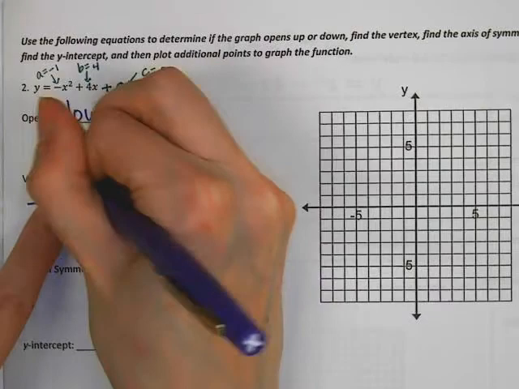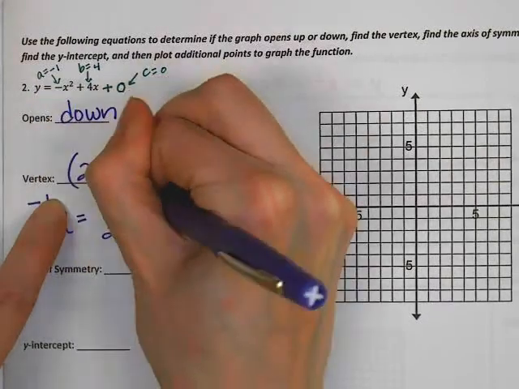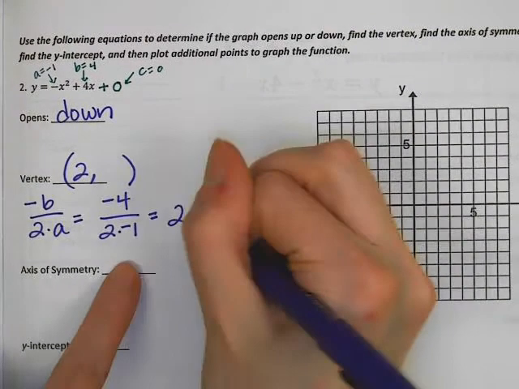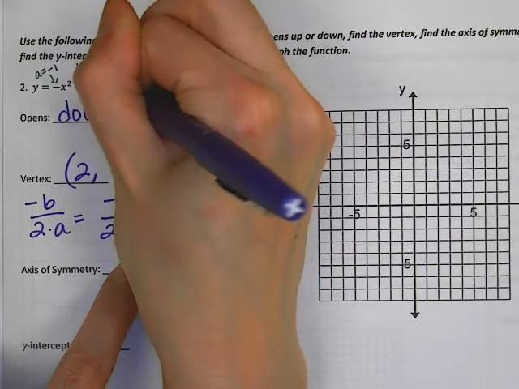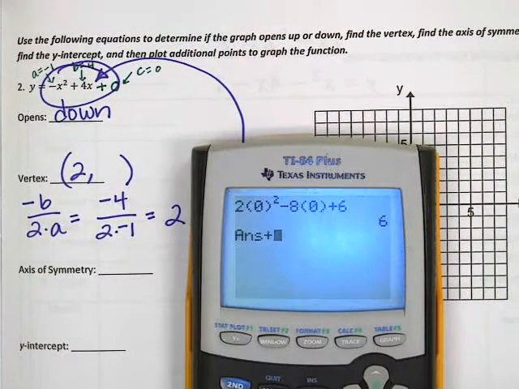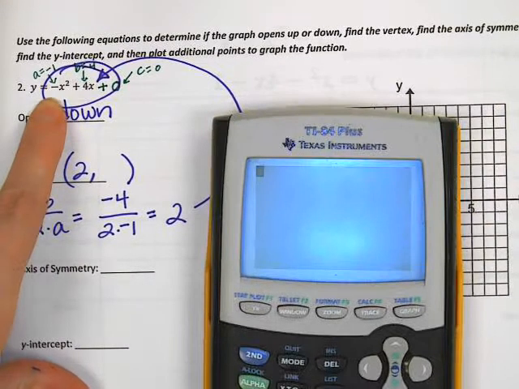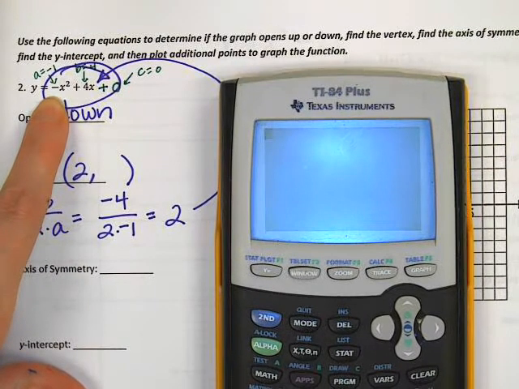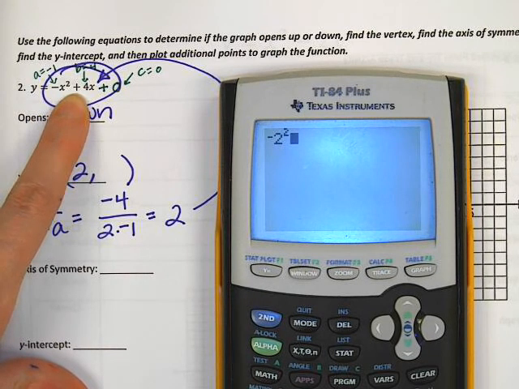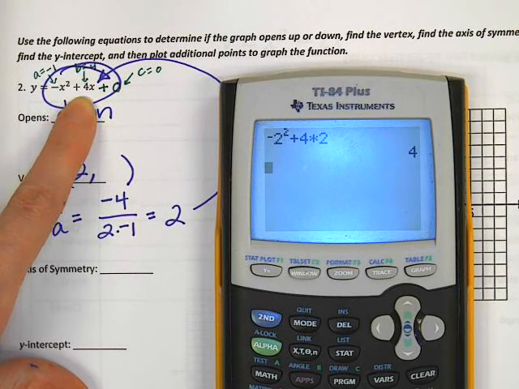Yeah. So the vertex is 2 comma K, but in order to find K, we got to plug 2 in for all the X's. All right, so you got to be careful how you type this in. We have a negative on the outside, and then we have 2 squared plus 4 times 2, and that ends up being 4.